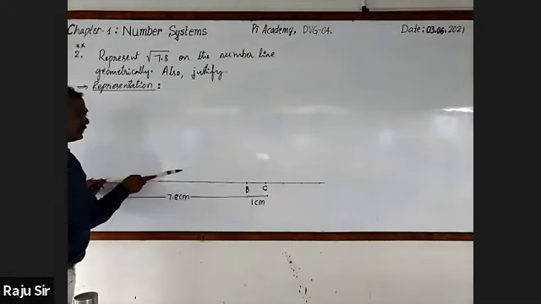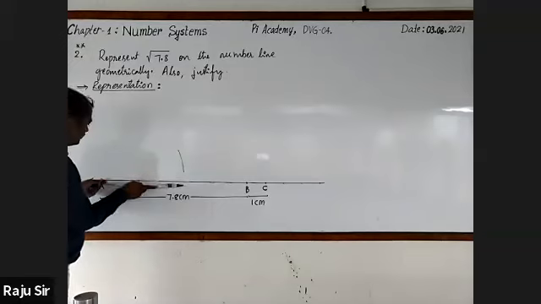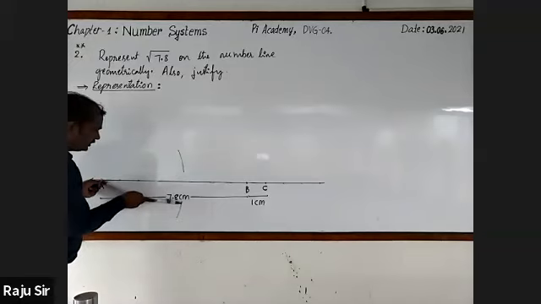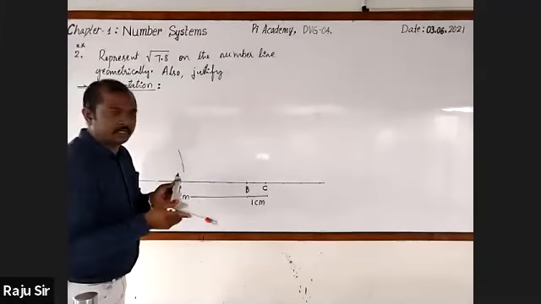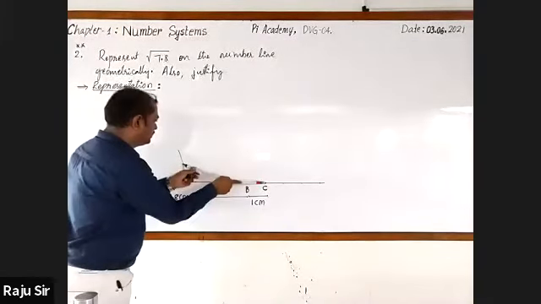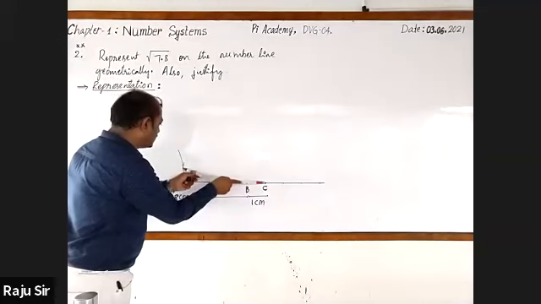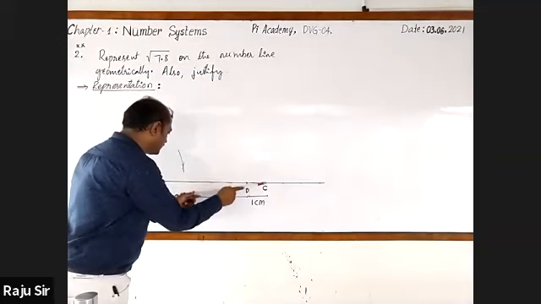With A as center, take more than half, and draw the arc on either side. Don't change the radius. With C as center, draw the arc which cuts the previous arc.